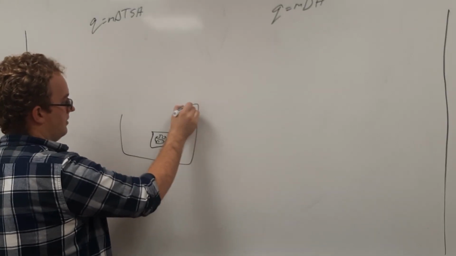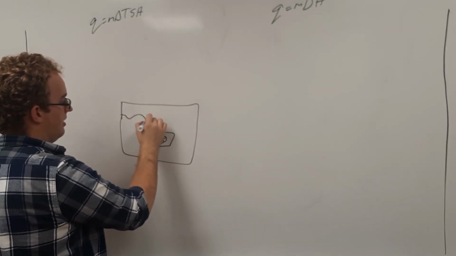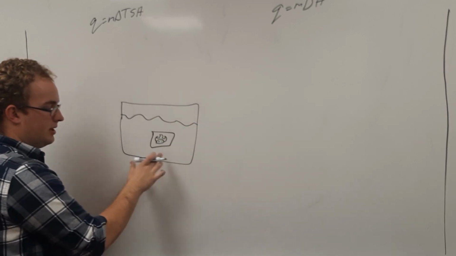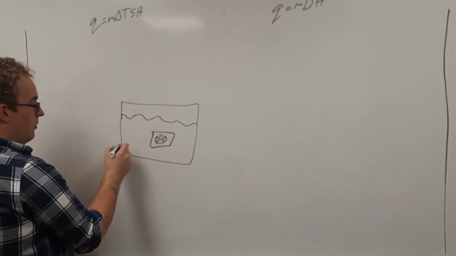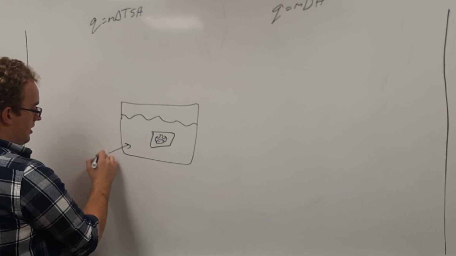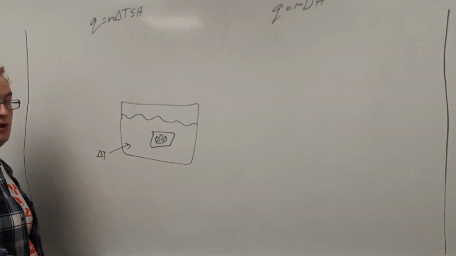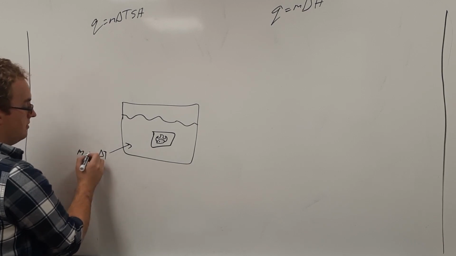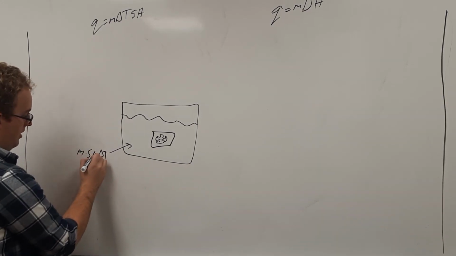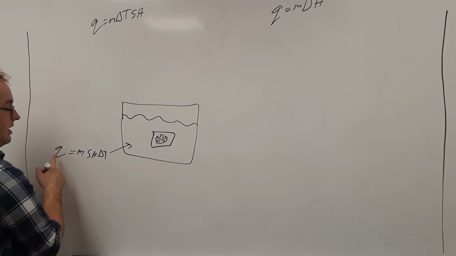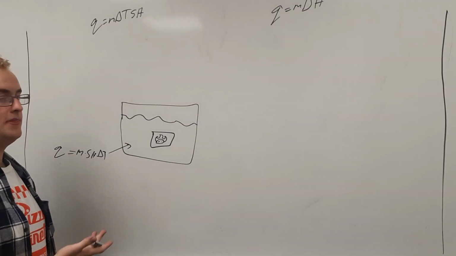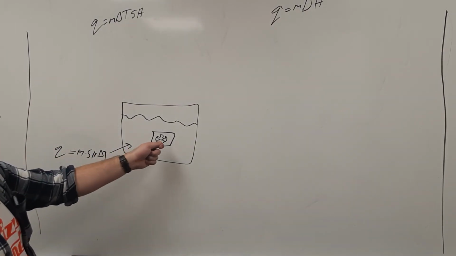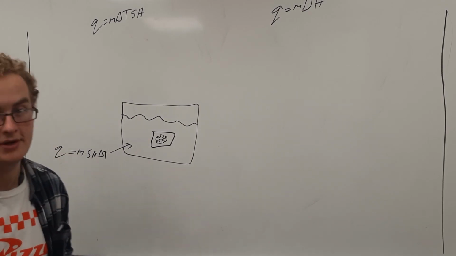If that box lets all of the heat go into a tank of water around it, right? Well, we can measure how much the temperature in that water goes up. And if we know the mass of the water in there, and we do know the specific heat of the water, then we can know how much heat the cookie let out. And then we can say, well, that cookie had about this many calories in it.